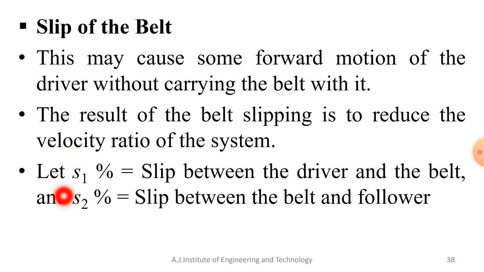Usually S1 percentage is the slip between the driver pulley and belt. Similarly S2 percentage is the slip between the belt and follower. So S1 and S2 are the slips at the driver and follower. How to consider this in the velocity ratio, we'll see now.